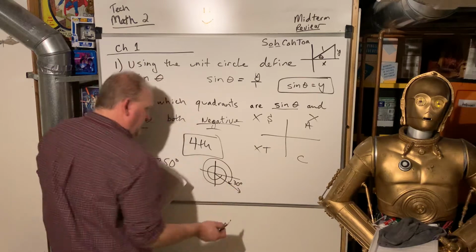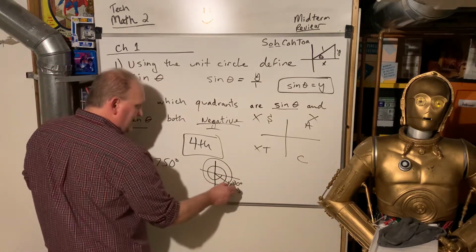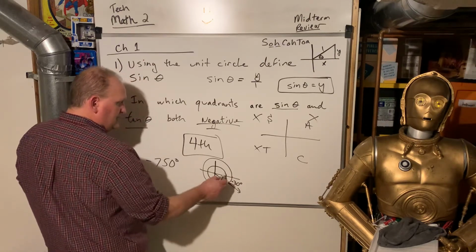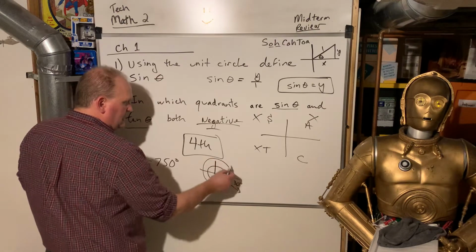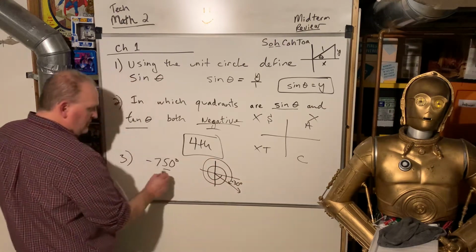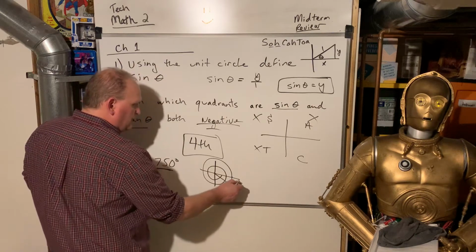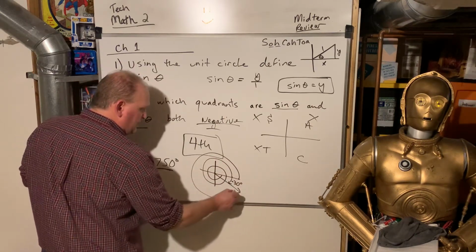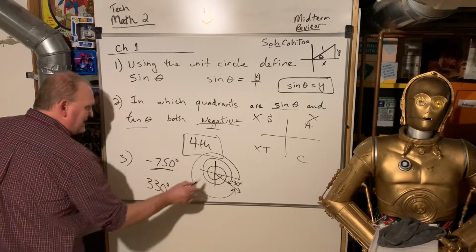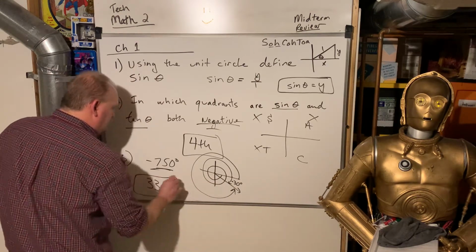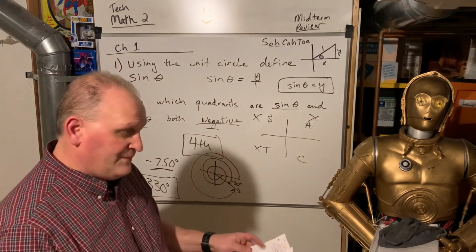So that would be negative 30 degrees, right? Because we went clockwise 360 and then 720 and then 30 more to get to negative 750. So it stops right there. It is coterminal with, if you go positive around this way, positive 330. You could also take negative 30 plus 360 to get positive 330. So there's 2 different ways to do that.